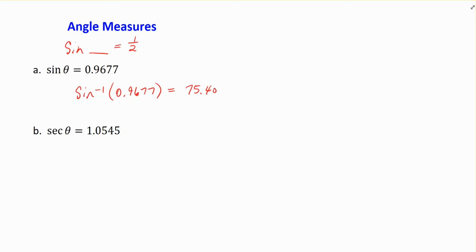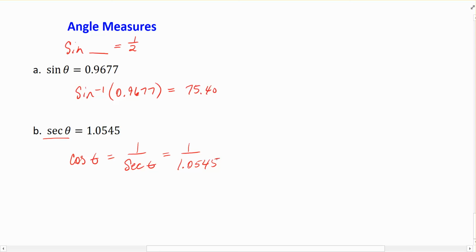We come into a similar problem when we now have to find an angle measure for secant, cosecant, or cotangent. So we have to use that reciprocal property again. I know, once again, that the cosine of theta is equal to 1 over the secant of theta. I was just told in the problem that secant theta is 1.0545, so it's 1 over that decimal value.